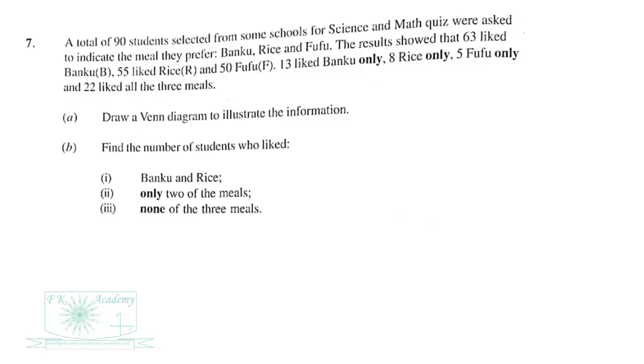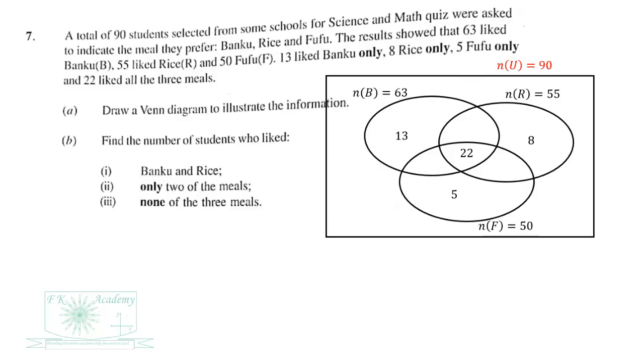So let's have a look at it. Let's first of all draw the Venn diagram. So the universal set is 90 because we have 90 students. Then the number who like banku is 63. Number who like rice, 55. Number who like fufu, 50.